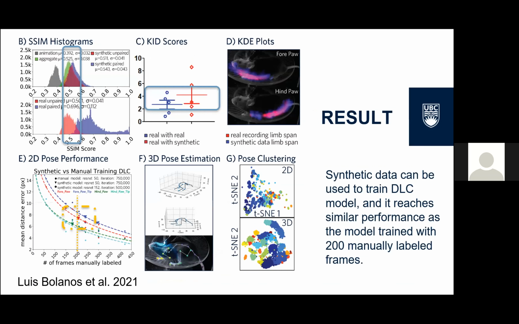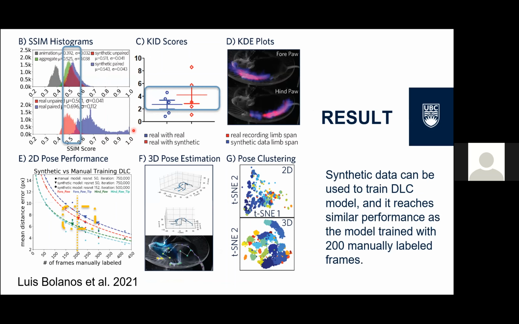We also use a statistical method to measure the difference between two groups of images. One is the synthetic animated image set. The other is the real reference.